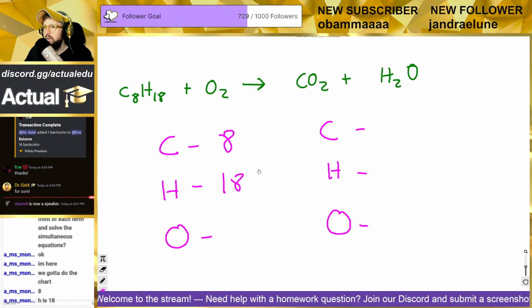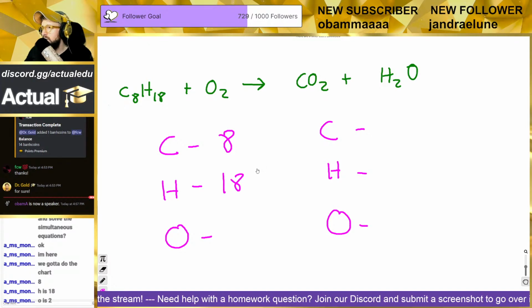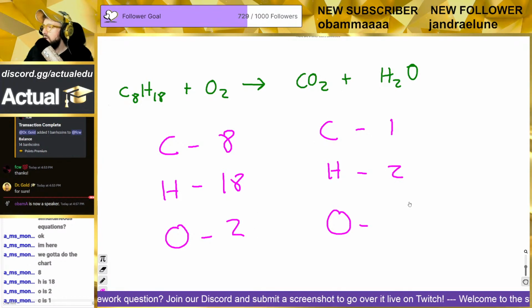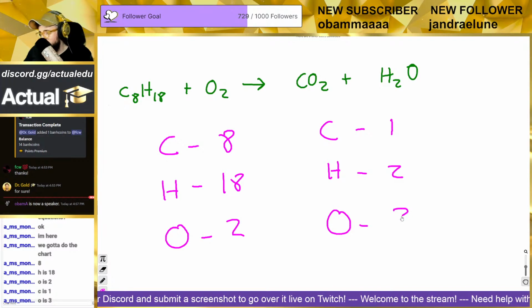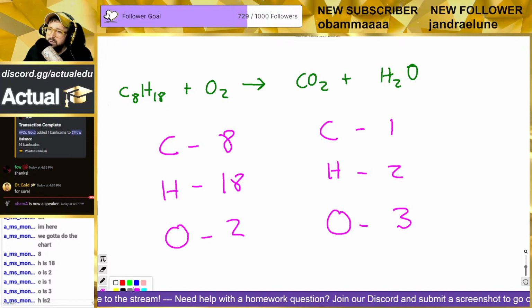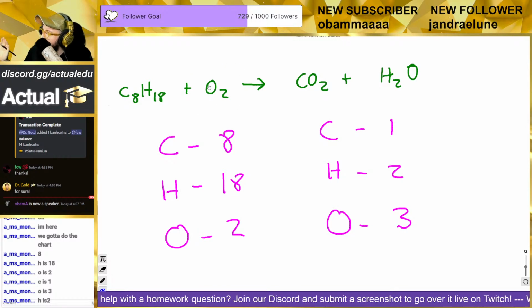Good. What about oxygens? 2. Good. So over here we got 1 carbon, 2 hydrogens, and how many oxygens? O is 3. Very good. What do we want to try to balance first? I always like to balance the most complicated thing. Also, a general rule of thumb is, anytime you have something by itself, balance that last.